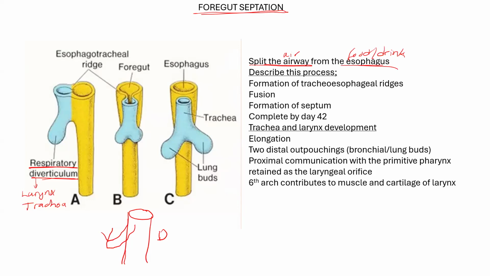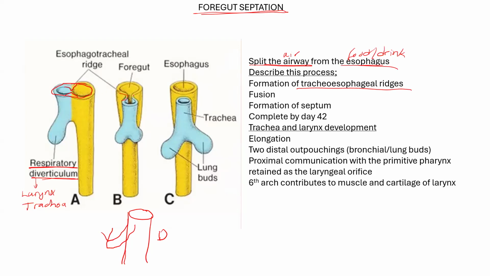The process of foregut septation involves the formation of what are known as tracheoesophageal ridges. You can see that initially you had this one tube there, but then from the sides you form tracheoesophageal ridges, and these ridges grow towards each other.